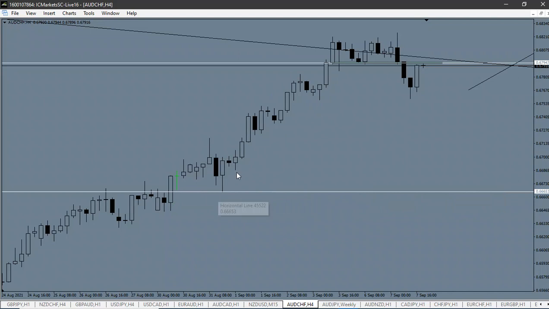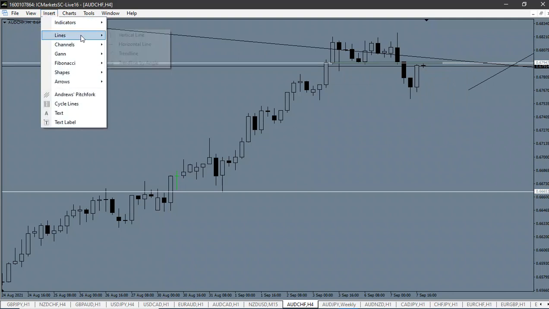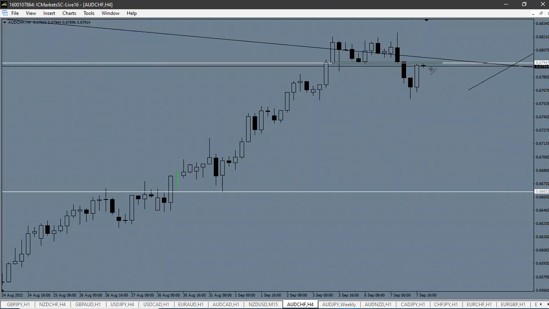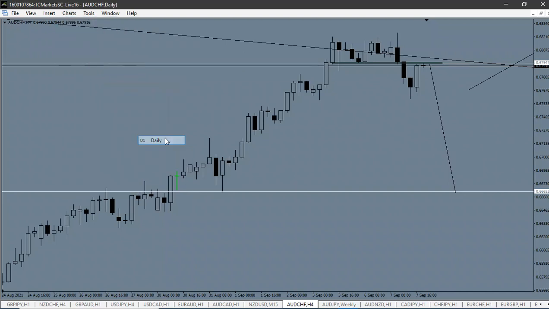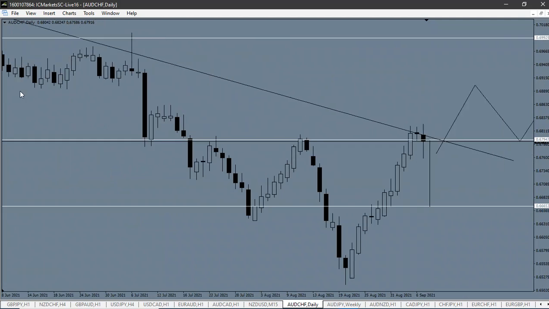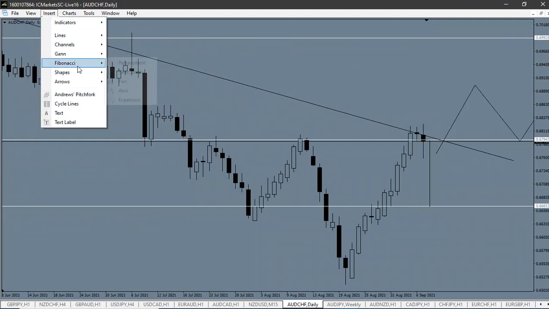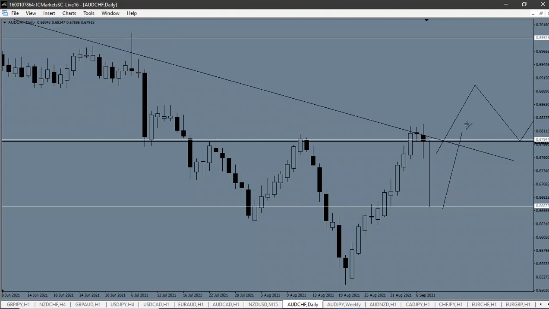You can see a strong push to the upside and a reversal pattern. So if this level is respected, price will move towards this level right here before we head towards that level to the upside.